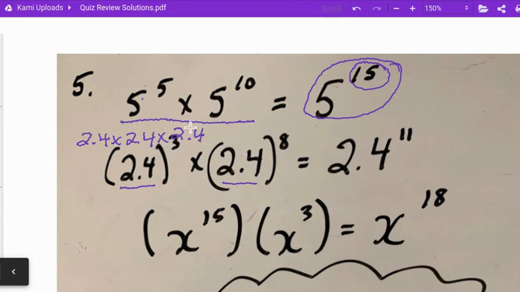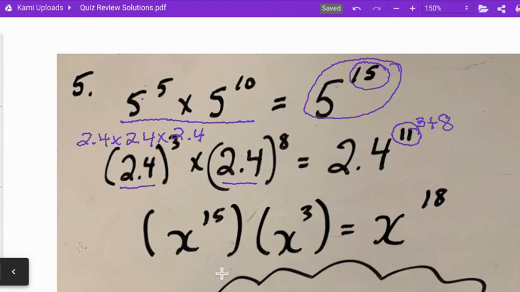We can think of 3 2.4's here, multiplied by 8 2.4's here. So altogether, we're going to have 11 2.4's multiplied by themselves. So we're thinking of the 3 plus 8 that we had over here.